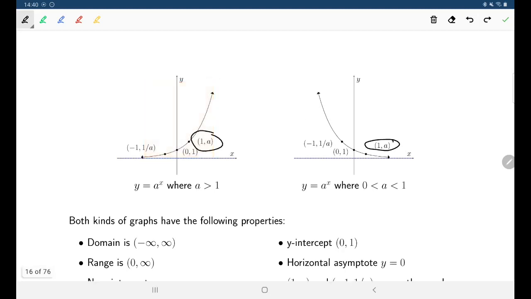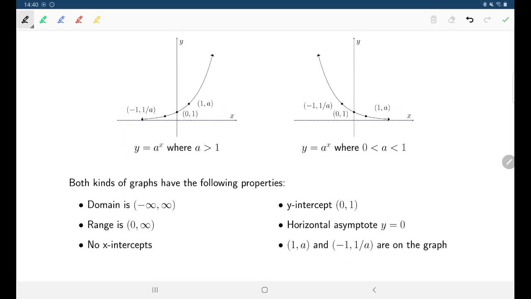If a is between 0 and 1, then that's a decreasing graph. But the point (1, a) would be on both graphs. And similarly, the point (-1, 1/a) is on both of these graphs as well. So we've got some points that are in common on all of our graphs for exponential functions.